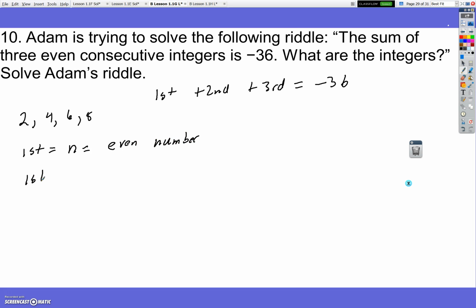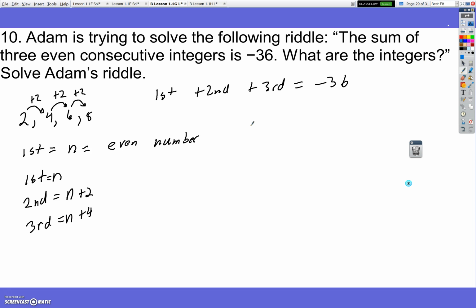So if my first number is n, what would my second even number be? Well, it would actually be not 1 more than n, but 2 more than n. As you can see, it's 2 greater to get to the next even number. So that means the third integer would be n plus 4, because it's 4 greater than my first number.